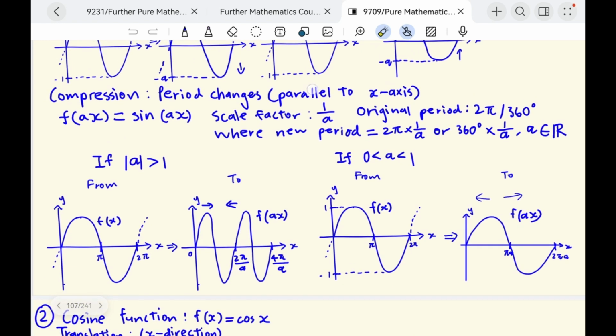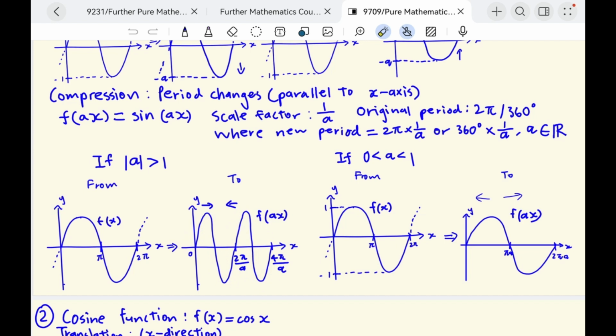As you can see, for ax with modulus of a greater than 1, the ordinary sine graph transforms into 2 complete cycles.